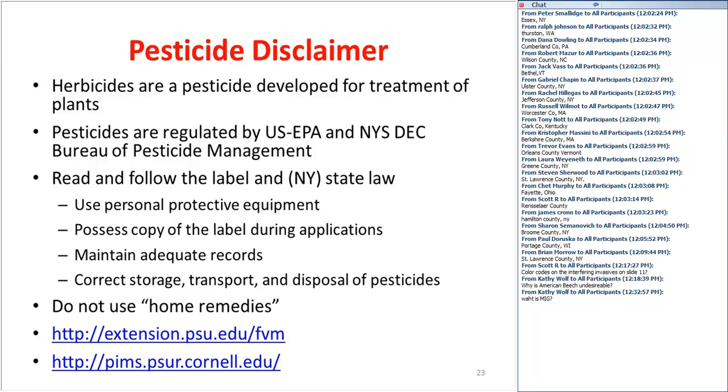In New York, it's the New York State DEC, Bureau of Pesticide Management. So every state has a state agency that is delegated authority by the U.S. EPA.